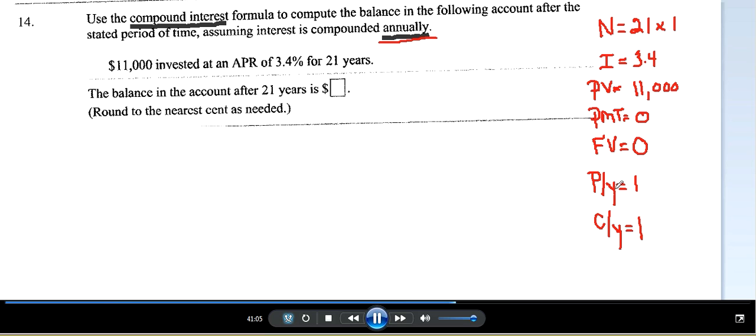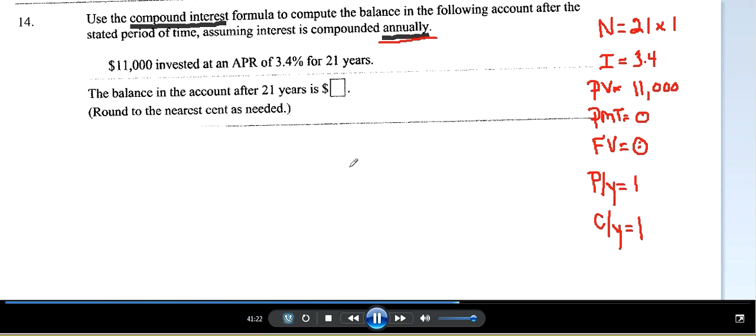Okay, so this is what I've got. And now when you've got all your values filled in for these categories, you're going to scroll up to future value and have that cursor blinking on the 0.